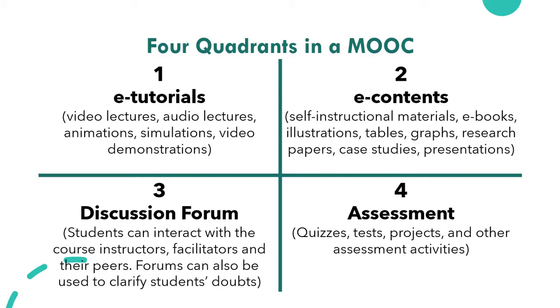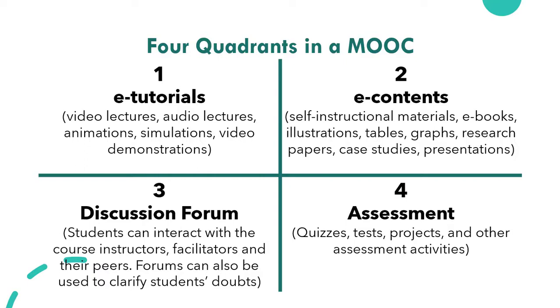The third quadrant is discussion forum, and in the discussion forum you can find a thread of messages posted by the course instructors, facilitators, and the students. So there happens an interaction among course instructors, facilitators, and the learners.